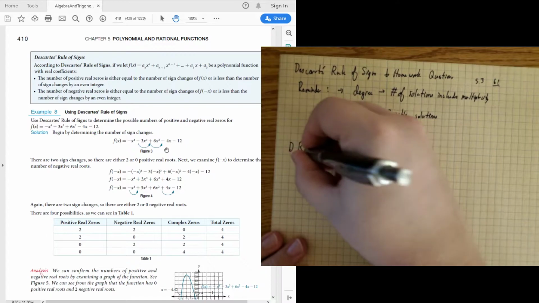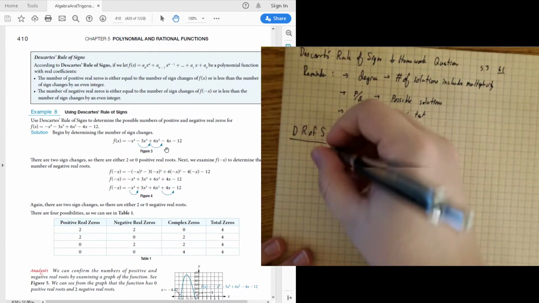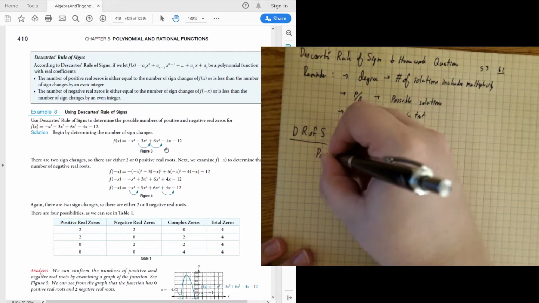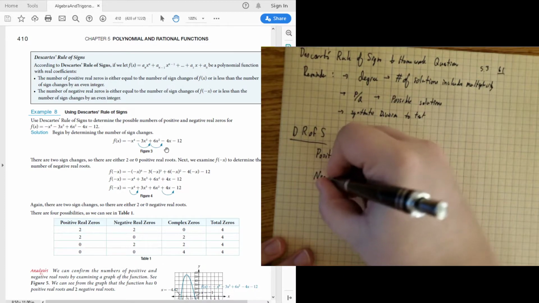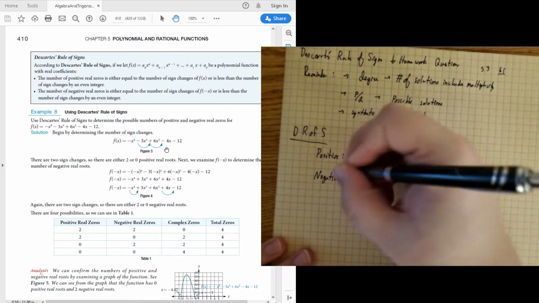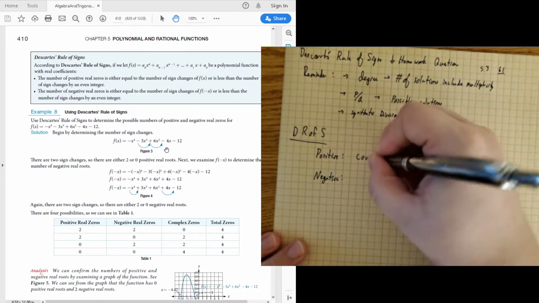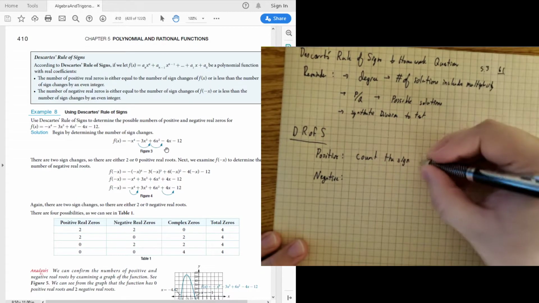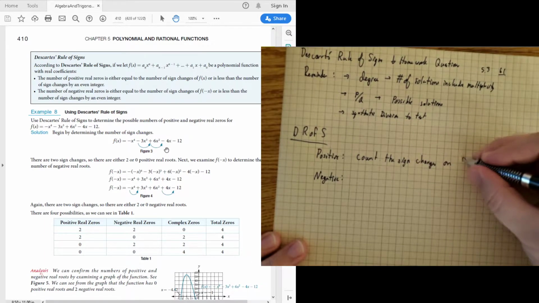Okay, there are 2 different versions of this. For positive solutions, there's a way to find the answer. And for negative solutions. For positives, what you need to do is count the sign changes on f of x.